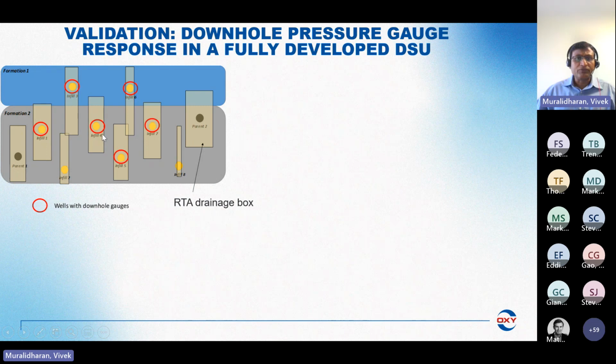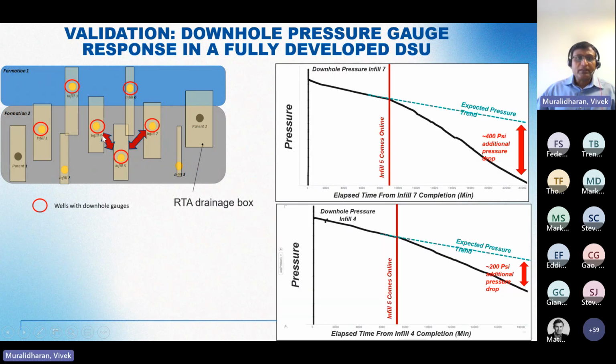For the first example, I'm going to show you wells 4 and 7, which we started first, followed by 5. The top one is the infill 7 pressure gauge response to when we started the production. And when infill 5 comes online after some time, you can see that the pressure starts steepening.